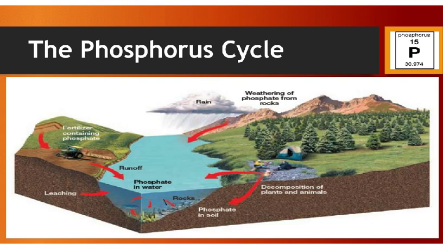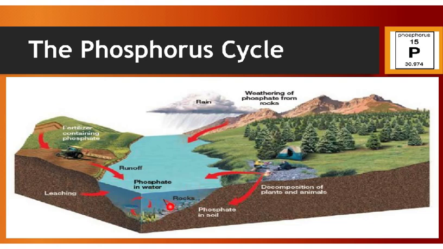Decomposition of dead plants and animals adds phosphorus in phosphates to the soil or to the water. Fertilizers, which a lot of fertilizers are just animal wastes, contain phosphates, and then it can get into the land of the soil. And in this area, it can build up.